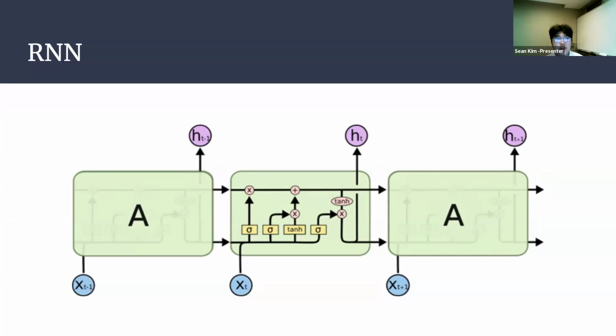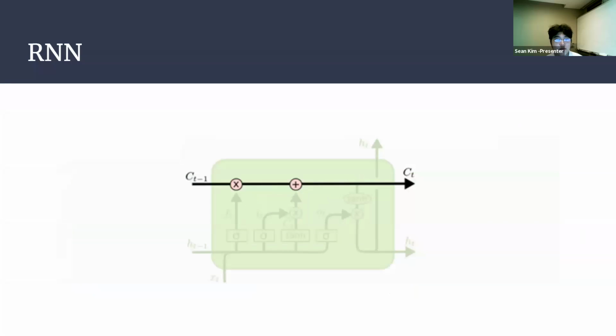LSTM has a similar chain-like structure, but every repeated module has a different structure. So rather than a very simple neural network with only one layer, there are 4 network layers that give and take information from each other. The key part to LSTM is the cell state.